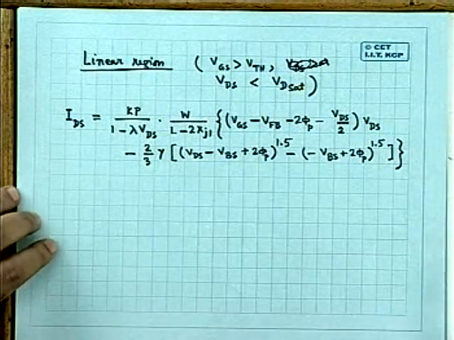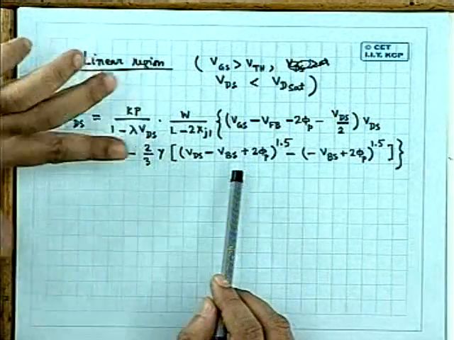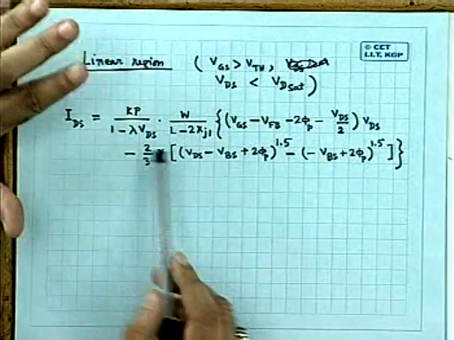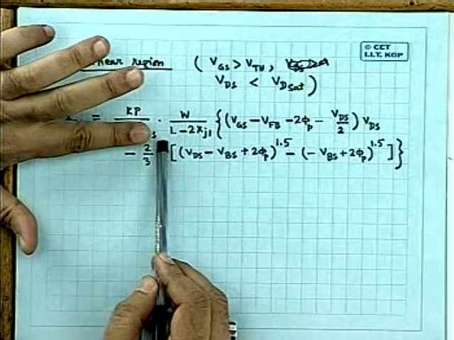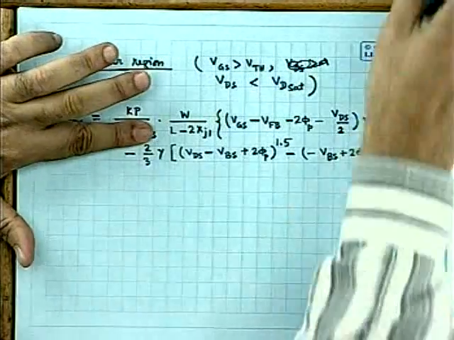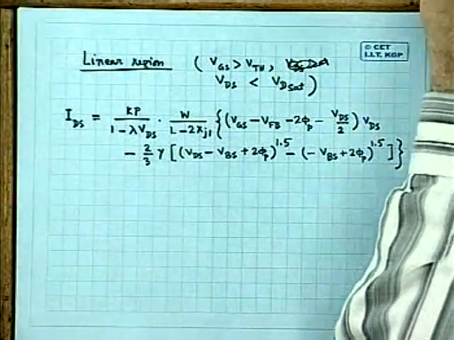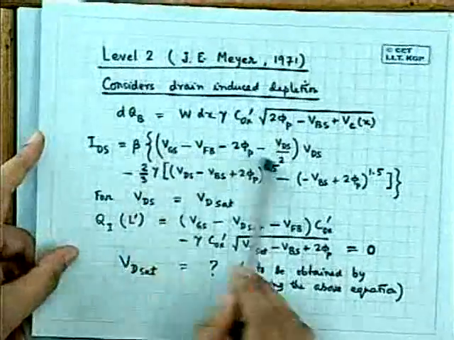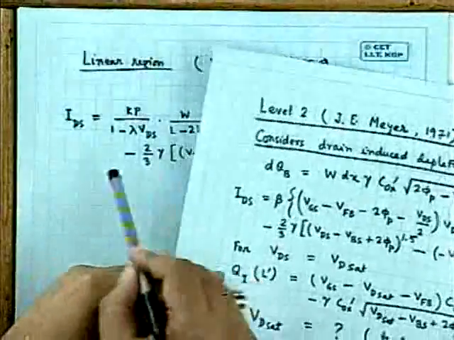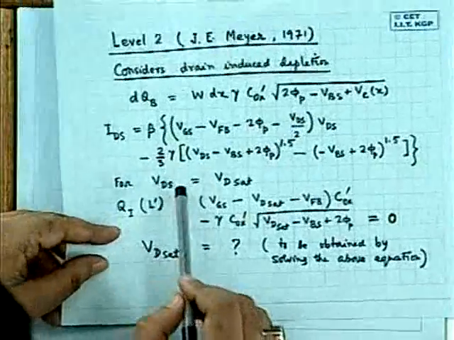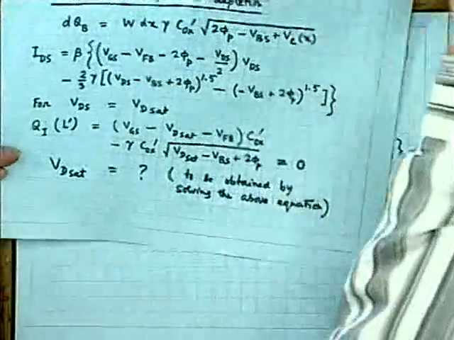You see that here, if you leave aside this numerator 1 minus lambda VDS, it is the same equation as the one which I have written here. Beta has been transformed, so it is the same equation written here. You can easily see.